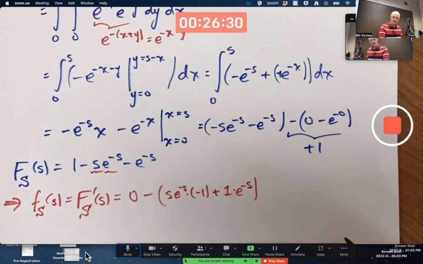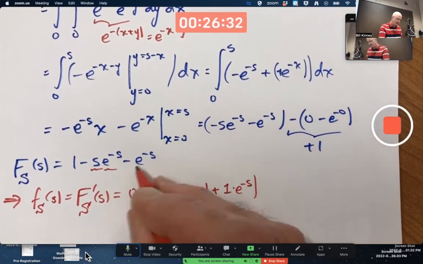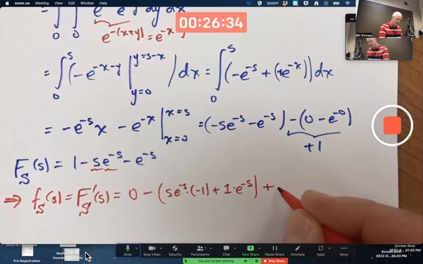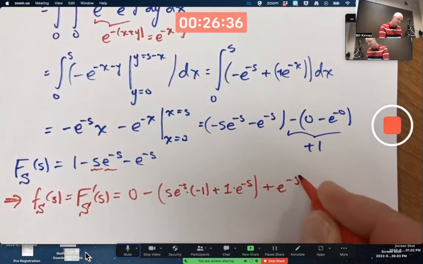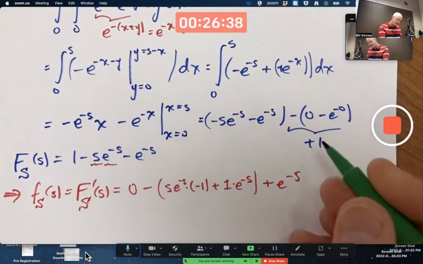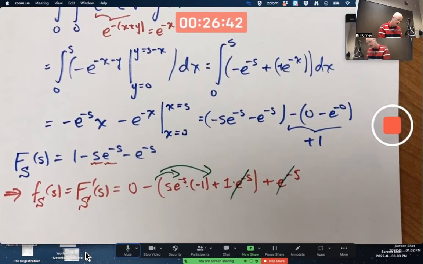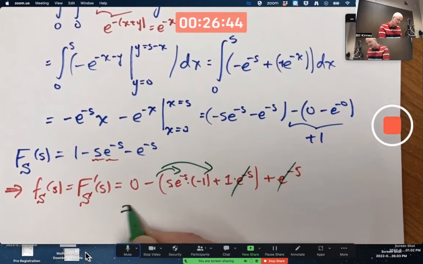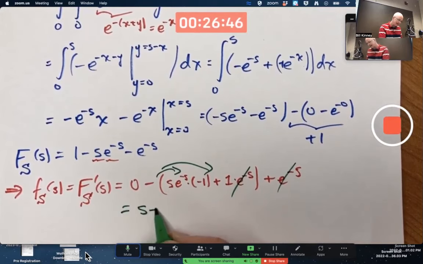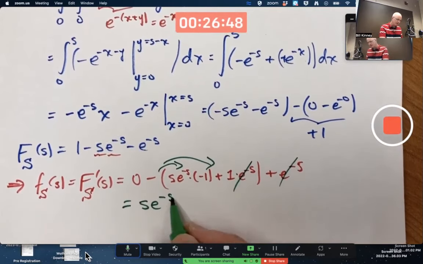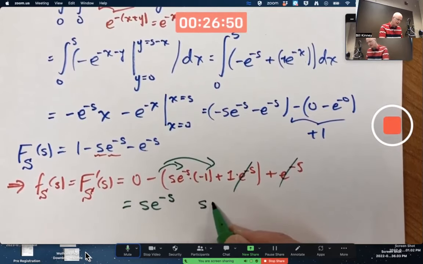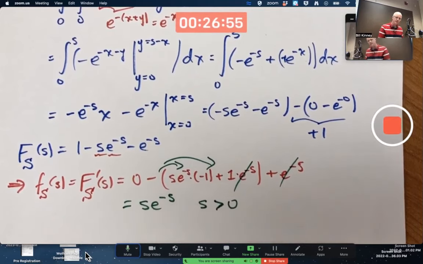That was the product rule there. Then differentiate negative e to the negative s to get a plus e to the negative s. I do get some cancellation. This cancels with this when you distribute the minus sign through. It all simplifies to, the negative signs cancel, s e to the negative s. That's a fairly simple PDF. Since x and y have to be positive, s has to be positive as well for this formula to be valid.